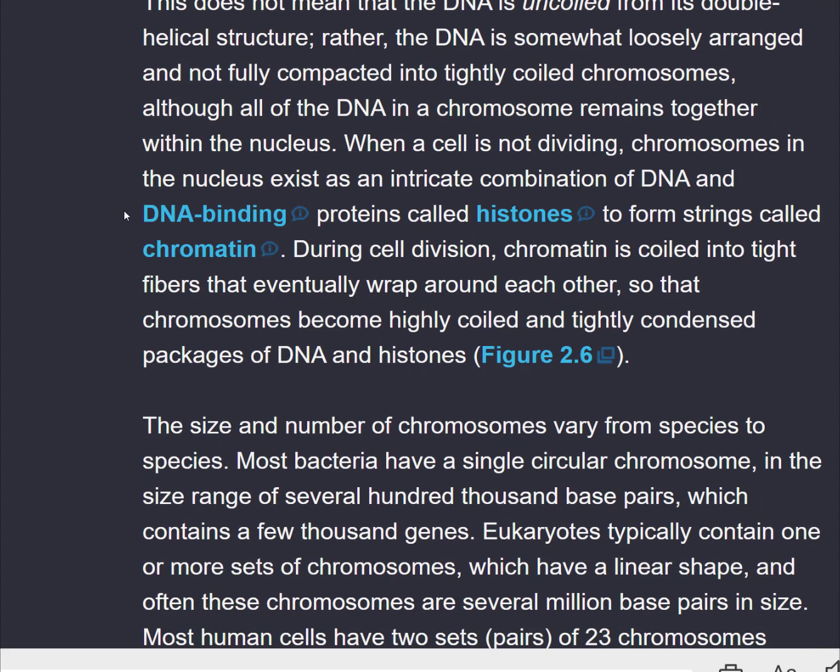DNA binding domains. Regions with folded structural arrangements of amino acids called motifs that interact directly with DNA. Histones. Histones are DNA binding proteins that are important for chromosomal structure.